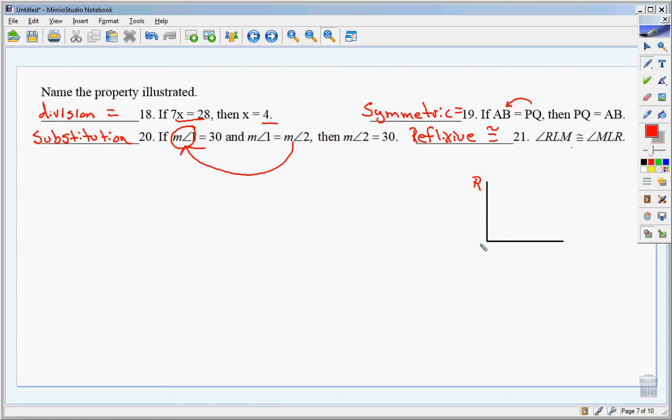Here's R, here's L, and here's M. So they're talking about angle RLM, or this angle that's here. And then they say angle MLR. All they did was go in a different order, but they're still talking about the same angle. So this is the same as A being equal to A, because they're talking about the same thing, which is why it's reflexive.